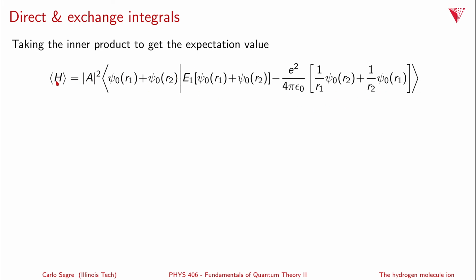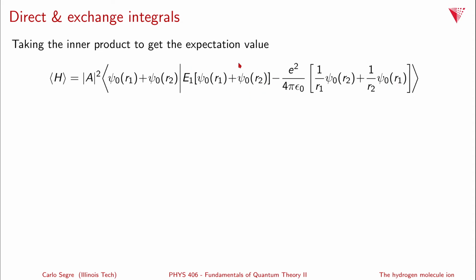So we have the expectation value of the Hamiltonian is A squared, which is defined by that overlap integral, times the inner product of psi 0 r1 plus psi 0 r2 with E1 times psi 0 r1 plus psi 0 r2 minus e squared over 4 pi epsilon naught times 1 over r1 psi 0 of r2 plus 1 over r2 psi 0 of r1.